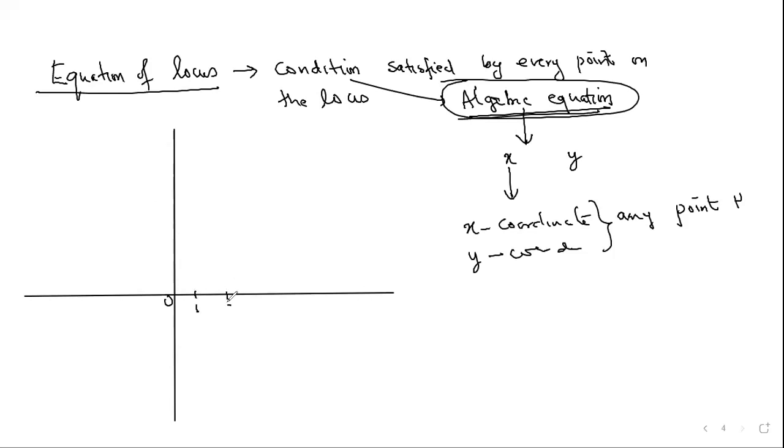1, 2, 3, 4, 1, 2, 3, 4, 5. I am going to draw a line. This line is also a locus. But I don't know what is the condition satisfied by this line.